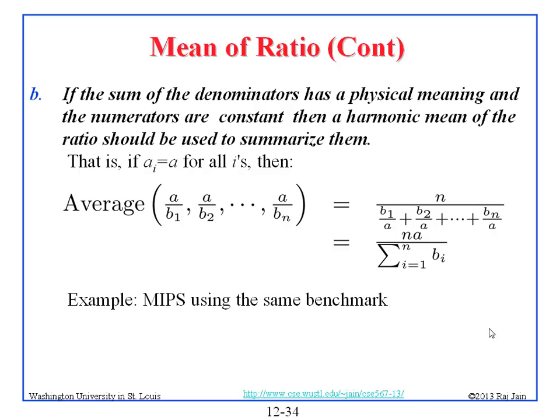Another way of saying this same thing is that we do the harmonic mean of the ratios. Okay, these are the ratios A upon B1; we take the harmonic mean. We do B1 upon A, B2 upon A, and so on. Add up, divide by n, and do 1 upon. So same thing basically. In this case the denominators have a physical meaning, and that's why we need the harmonic mean.